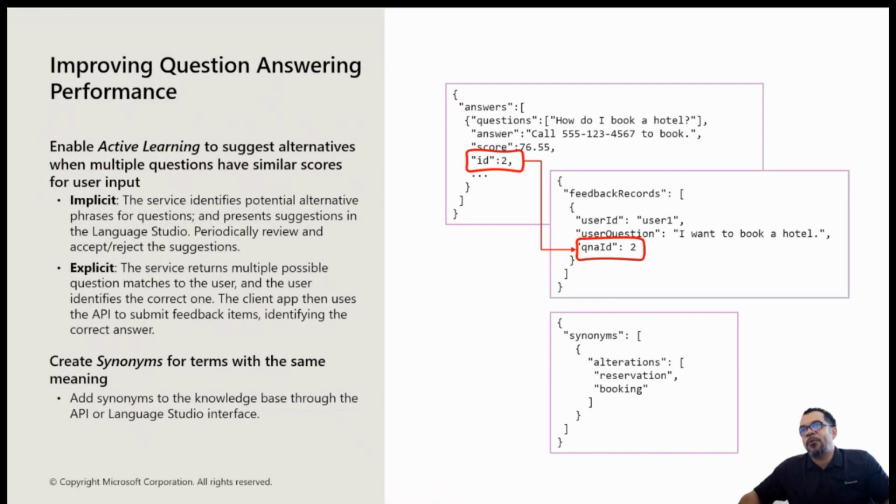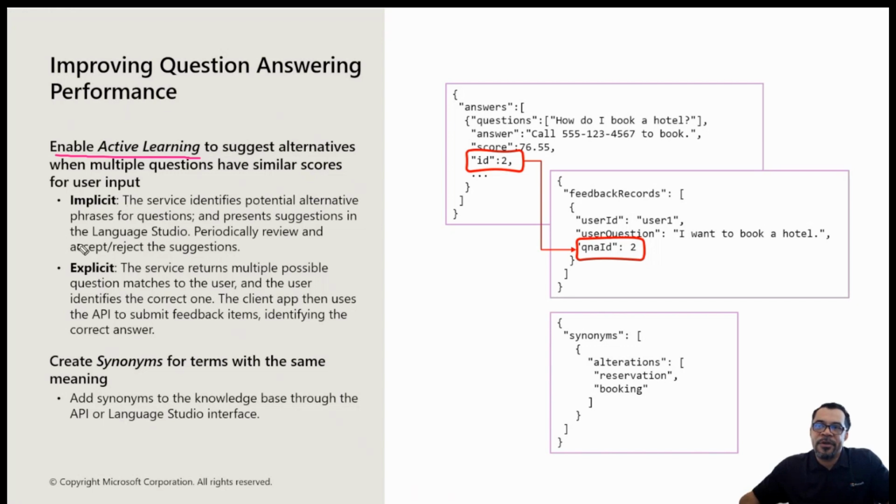Now, as mentioned before, there are ways that you can improve your performance. A lot of this deals with retraining, adding additional data, and so forth. You can also enable what's called active learning. And what active learning will do is learn what types of questions are being generated, and then it can recommend questions that you should include as part of your model.